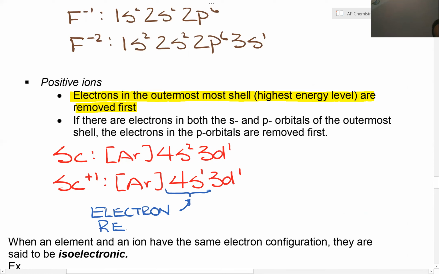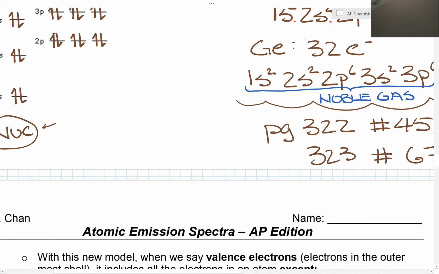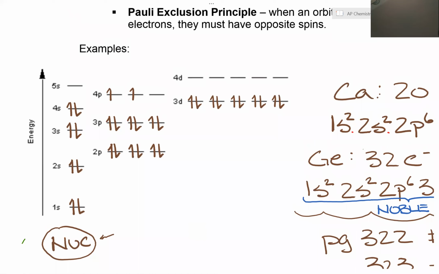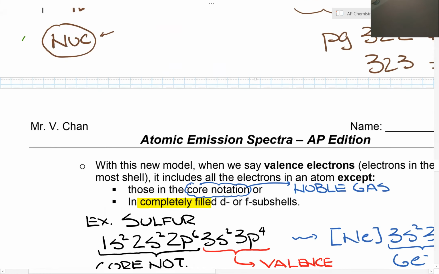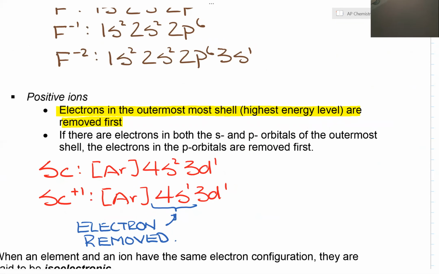Now, the question is, why did we remove it from the 4s and not the 3d, Mr. Chan? You could say, isn't the 3d higher in energy than 4s? But 4s is the higher energy level, so it is considered to be further away. Okay, so it's the energy level.